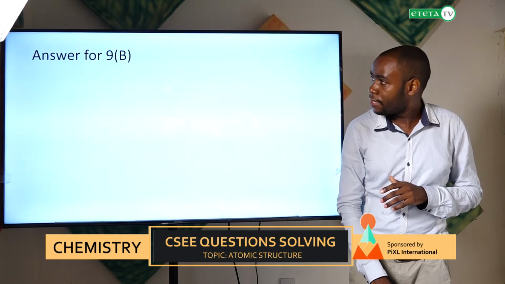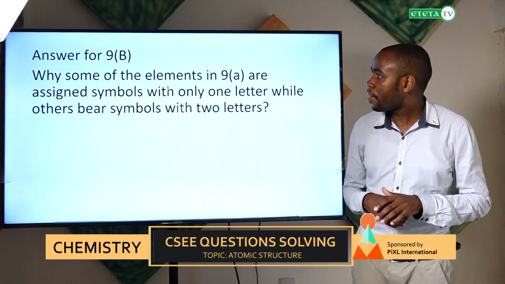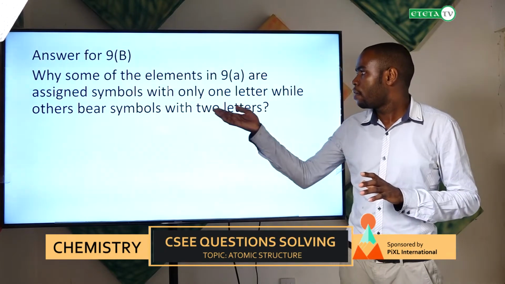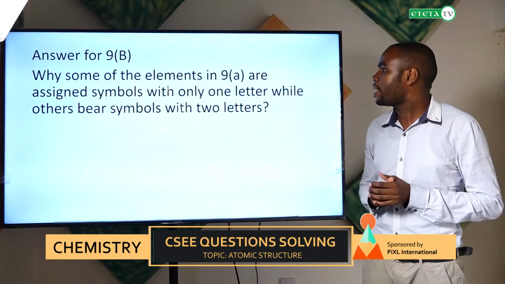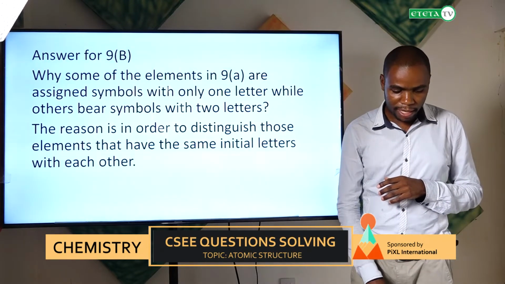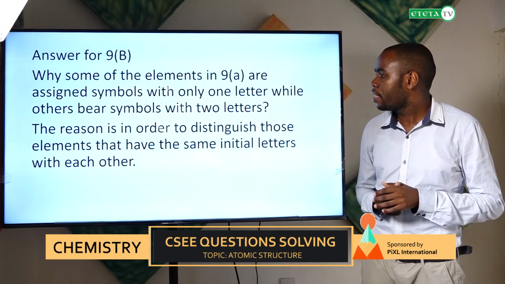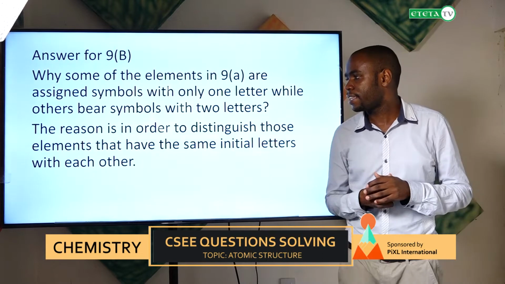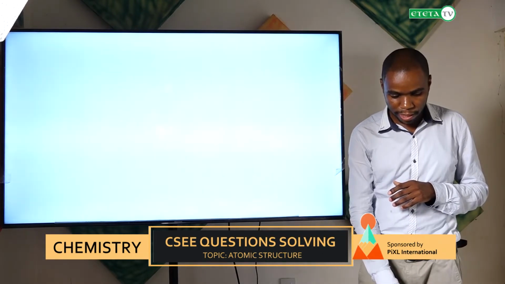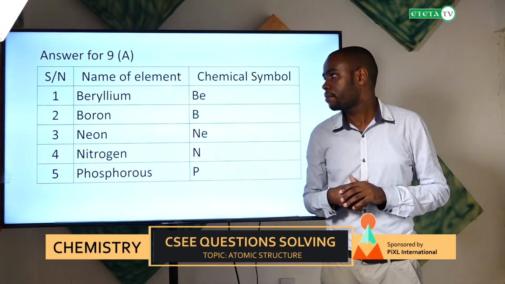Now question number 9B asks why some of the elements in 9A are assigned a symbol with only 1 letter, while others bear a symbol with 2 letters. The reason is to distinguish elements that have the same initial letters. For example, here you have beryllium and boron.